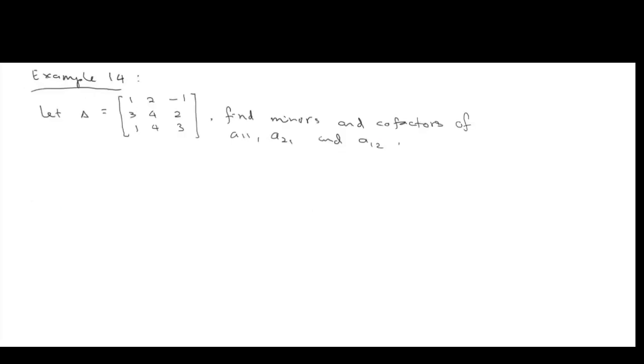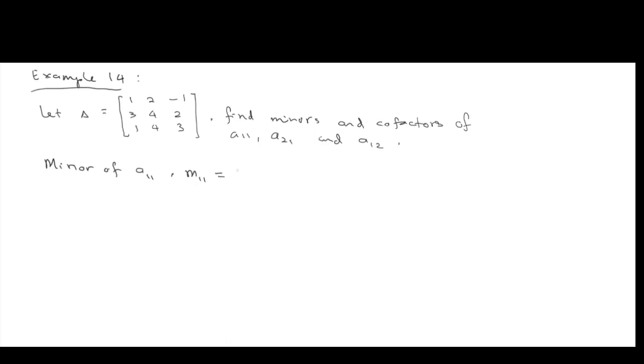Okay, let's look at example 4. Given matrix A, where matrix A is a 3 by 3 matrix, find the minors and cofactors of the elements a11, a21, and a12. So let's look at the solution. The minor of the element a11 is M11.